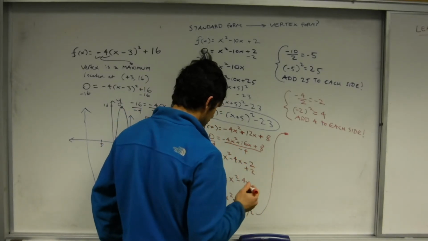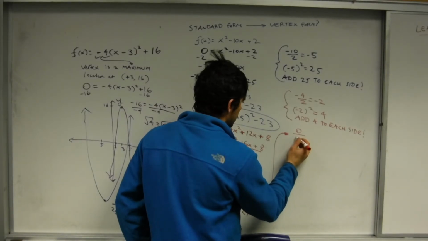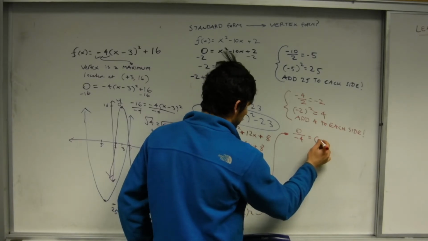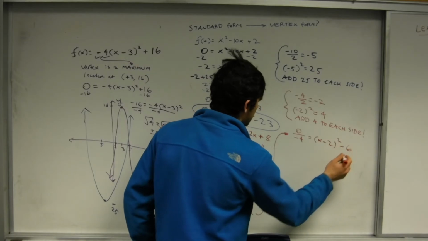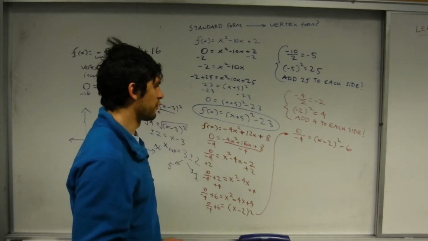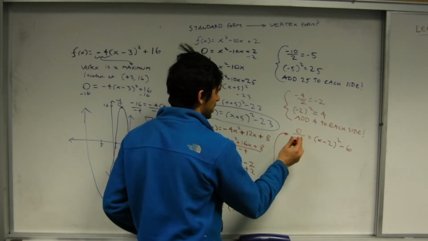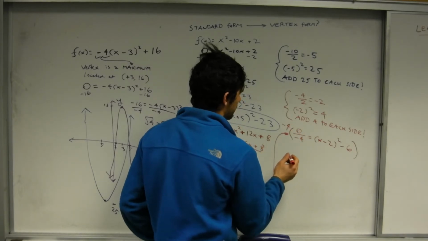We're going to move over here. If I subtract 6 from each side, we get 0 over negative 4 equal to x minus 2 squared minus 6. And we have one last step, which is the reason I left this negative 4 here, is we're going to want to multiply everything by negative 4.